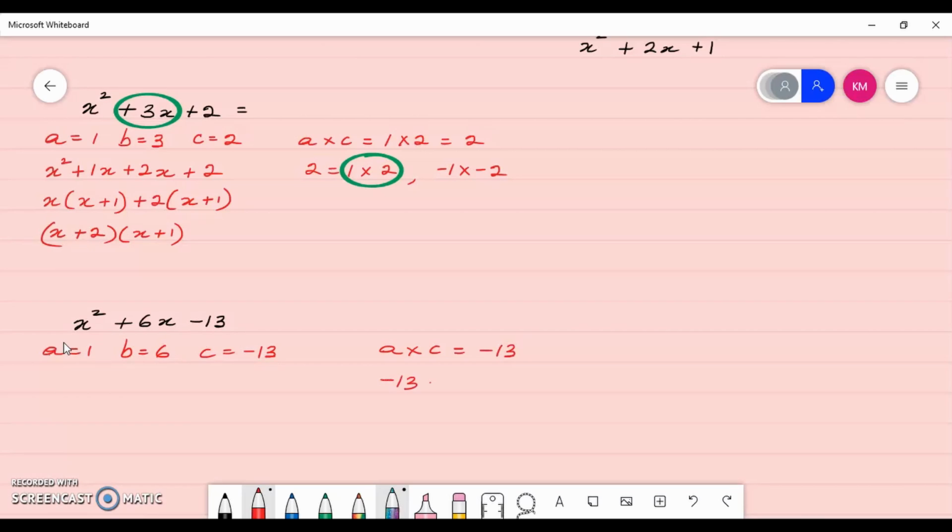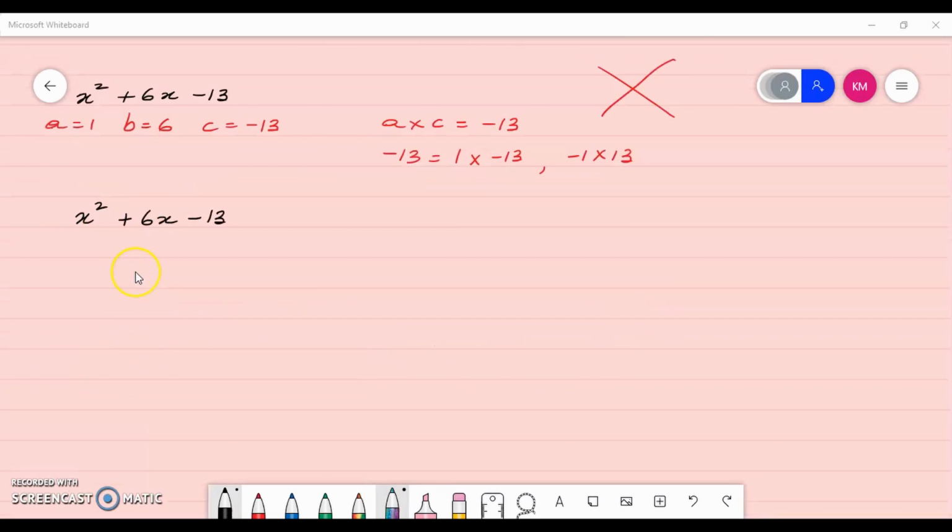Factors of negative 13 are 1 and negative 13, negative 1 and 13. Now, neither of these pairs are going to result in 6 when added. So we cannot do this method. Now, what we will do is take that same quadratic expression and complete the square.